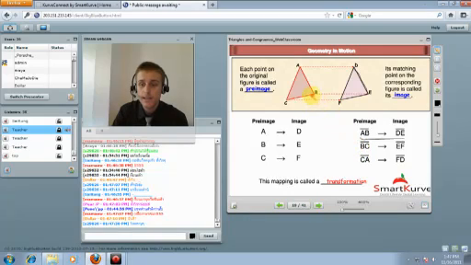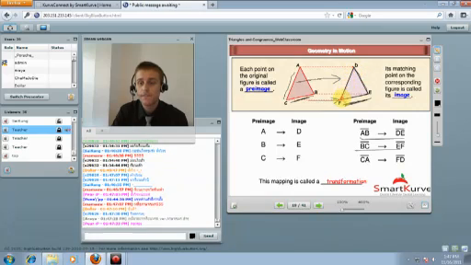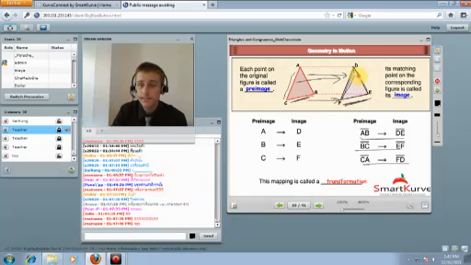Line BC, the base, slides and becomes EF. See that right there? And then line CA slides and becomes FD. We're not rotating the image, we're not changing the size, we are just sliding it down. It is the exact same image, now in different coordinates.